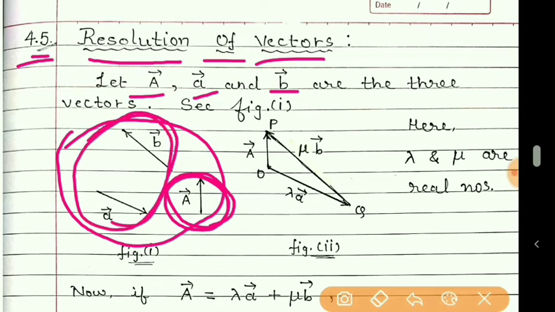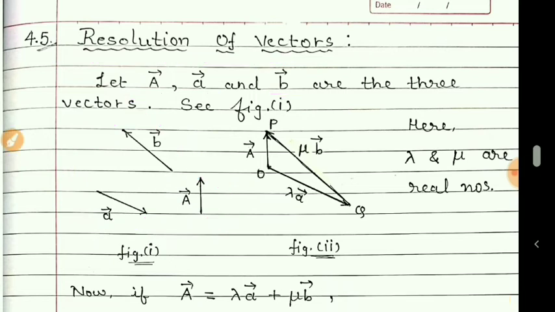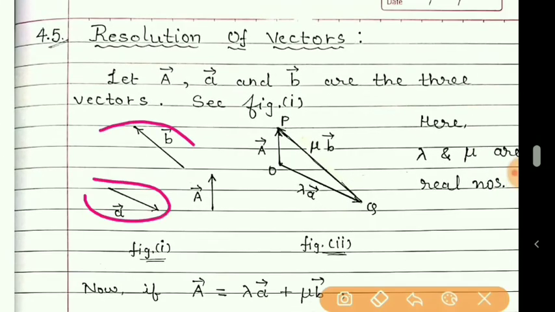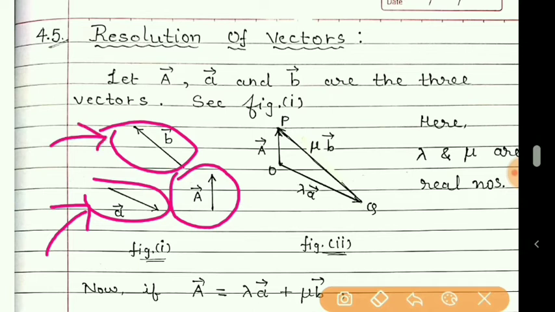So here what we have to do? Actually when we add the head to tail of this vector a and vector b, we will not get exactly this vector A. So here we have to modify these vectors a and b indicated by small letters.